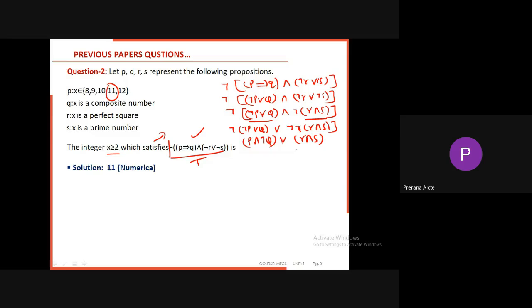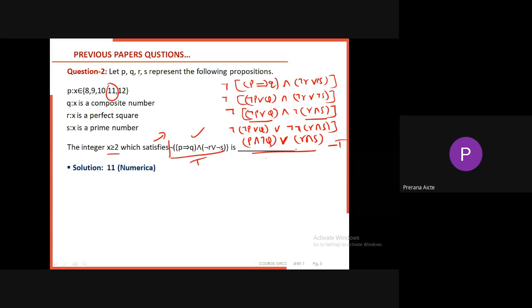Now see what we are expecting from this statement. This entire expression, as we already said, should be true. If we want to make it true, the connective that we have here is the OR connective.